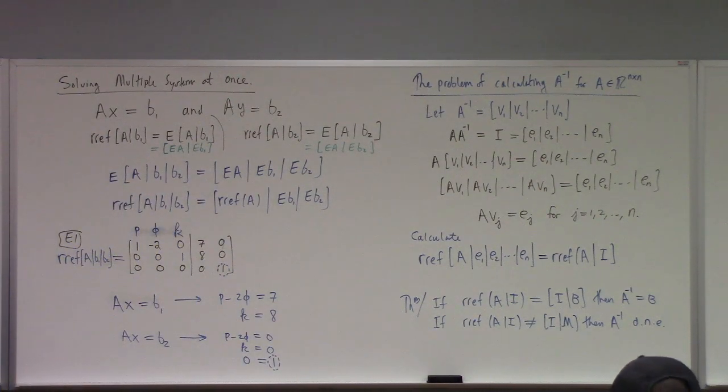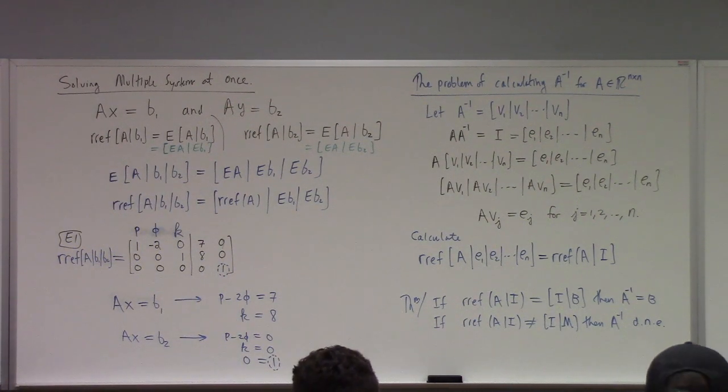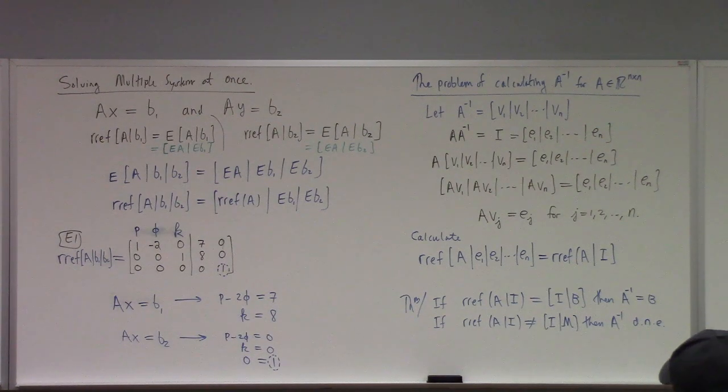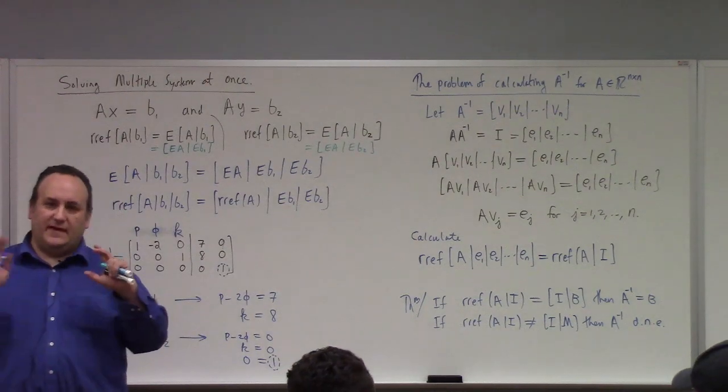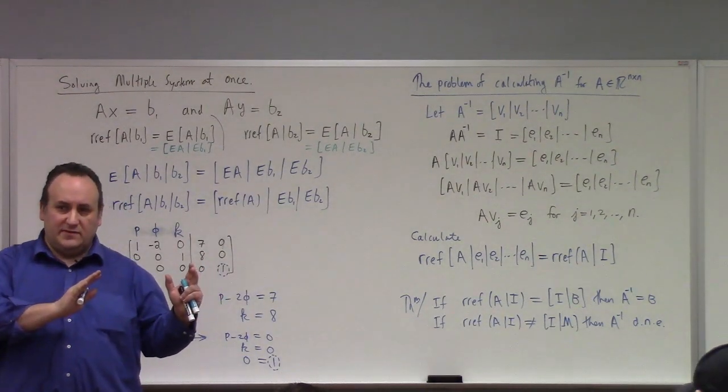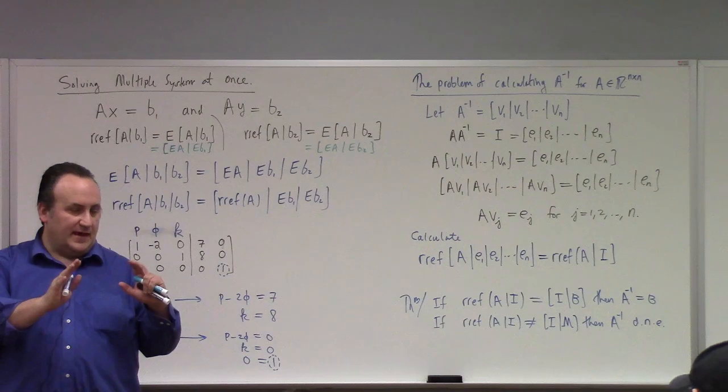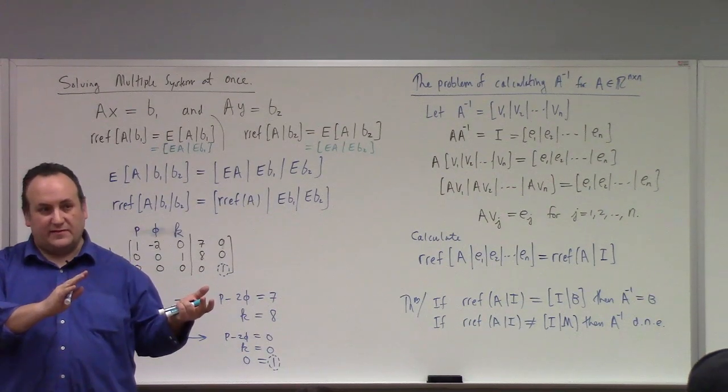My second point in the theorem follows from the fact that if you did the reduced row echelon form of A and didn't get the identity matrix in that first block, that means A is not actually a product of elementary matrices.